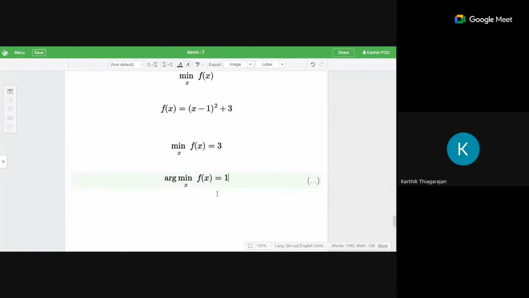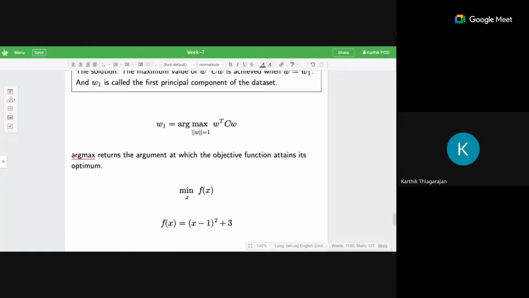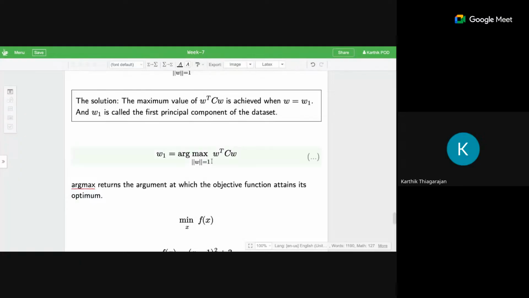Okay, so the point at which f attains its minimum is the argmin. Likewise, the point at which W transpose CW attains its maximum is the argmax, right? That is W1, and we are going to call that the first principal component of the data set.